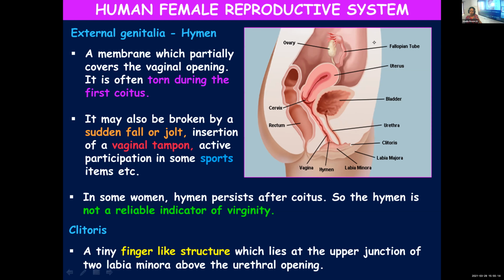It is a highly sensitive organ. Once again, it's a tiny finger-shaped structure present above the urethral opening at the junction of two labia minora, and it is a highly sensitive organ.